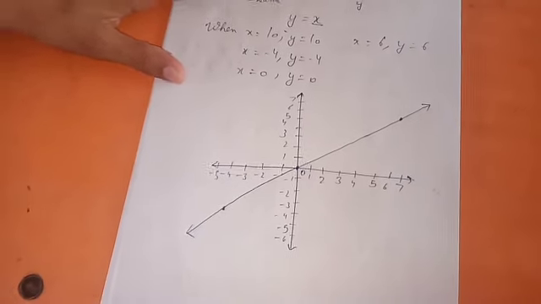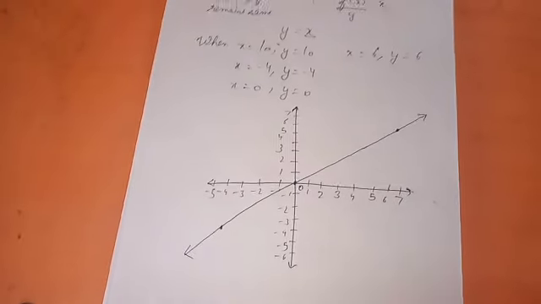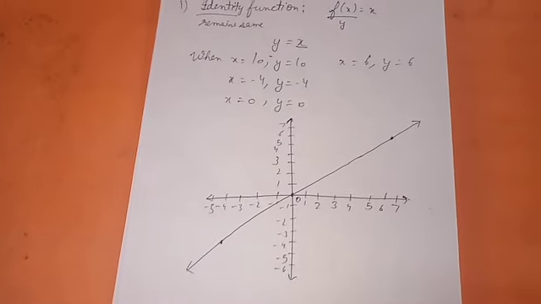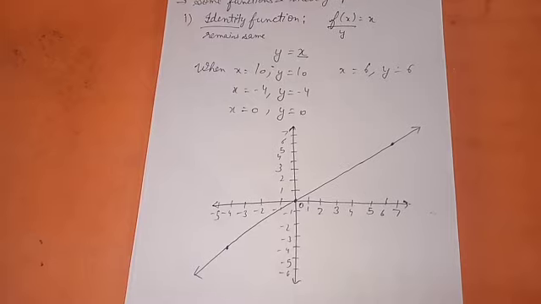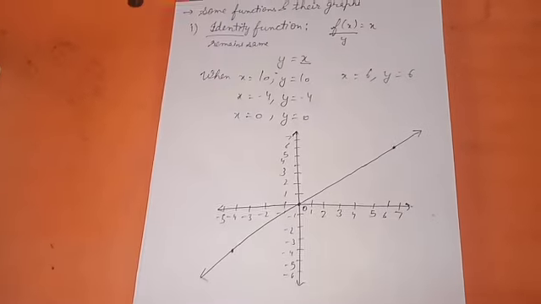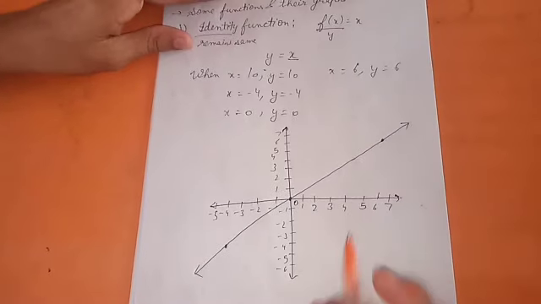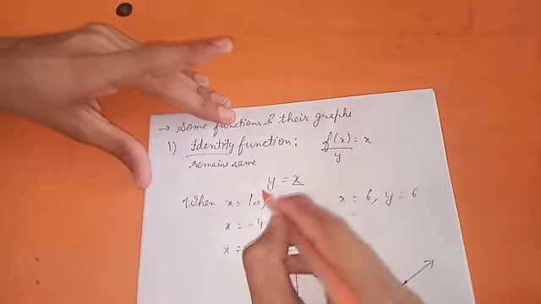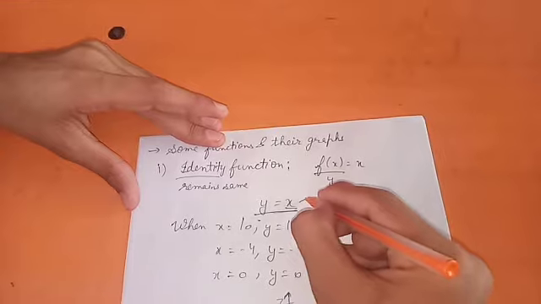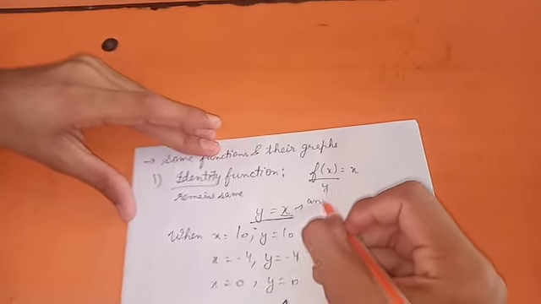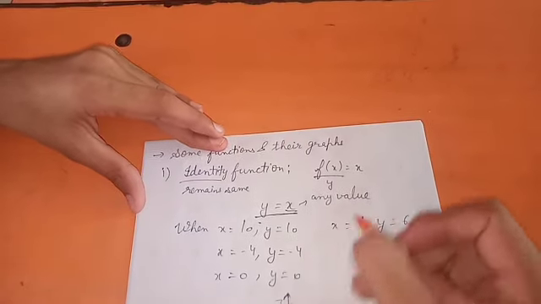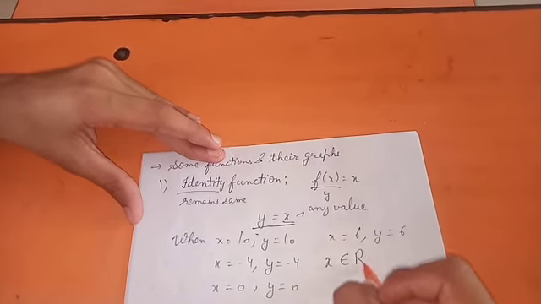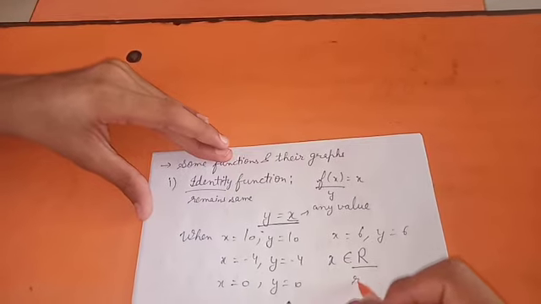It is the graph of our identity function. Now we can check here. We can keep any value of y. Okay. That means what? x belongs to R. R means real numbers.